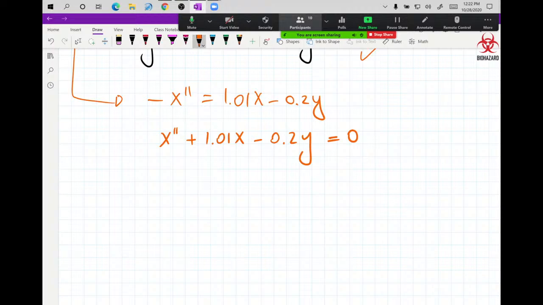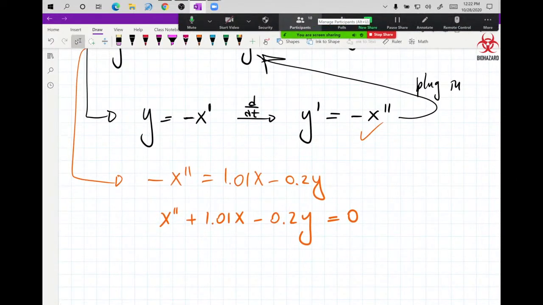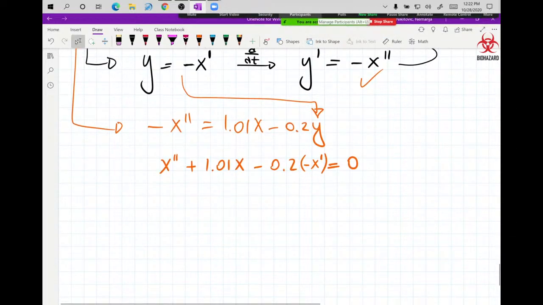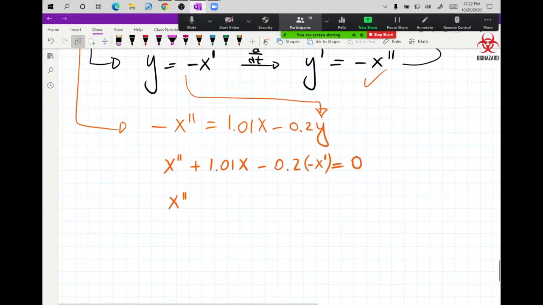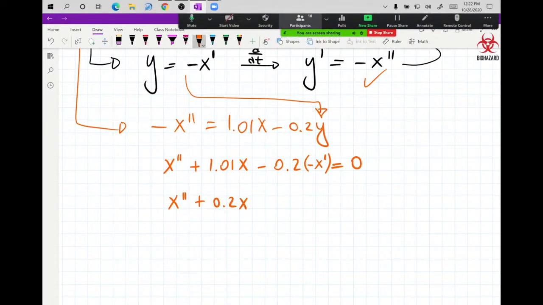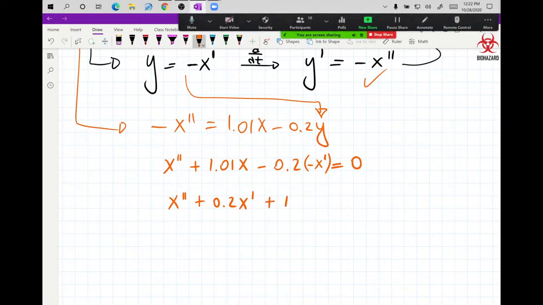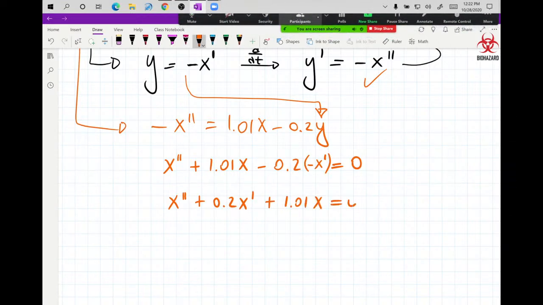And this is your system now, which you can use. Oh, wait, hold on. We're not done. I also have the y. So that's negative x prime, because everything has to be in x. So now what you have is x double prime plus 0.2x prime plus 1.01x equals 0. There we go.